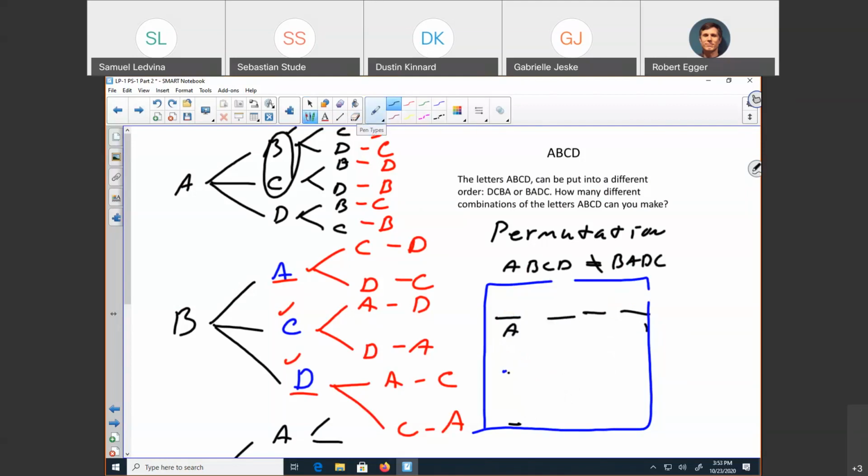With A, B, C, D, if we chose D first, that means your next choice is either A, B, or C. If you chose C next, now you're down to A, B. Or choose B, and you're down to A.